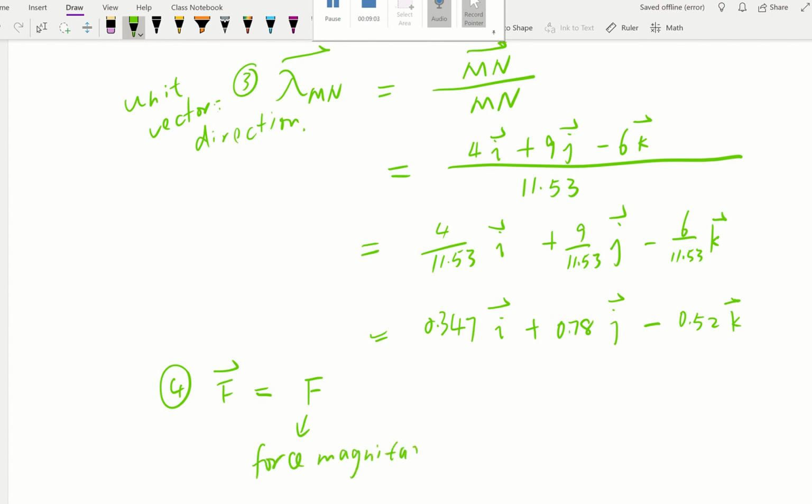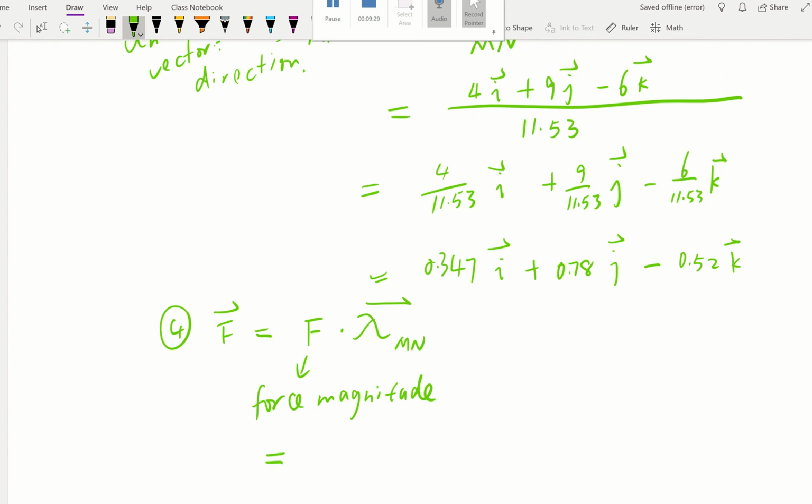Just to be aware, this is not the magnitude of the position vector, it's not the distance, it's the force magnitude, which is 500 Newton. Then it's times the direction, defined by the unit vector lambda MN from M to N with a magnitude of 1. So we put in 500 Newton times the unit vector 0.347i plus 0.78j minus 0.52k.